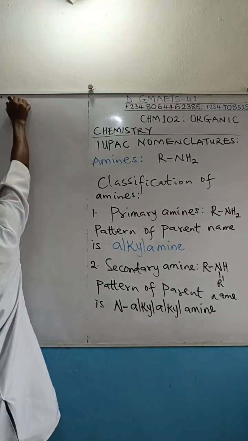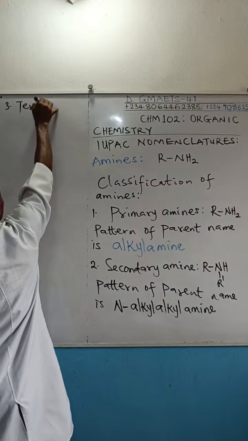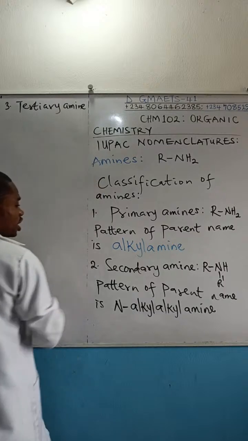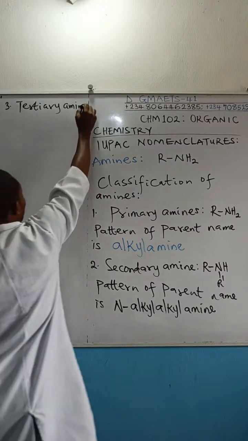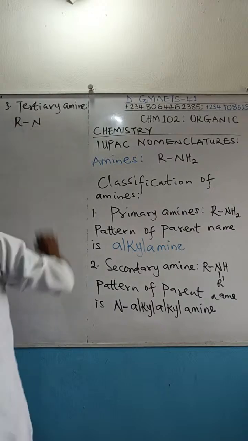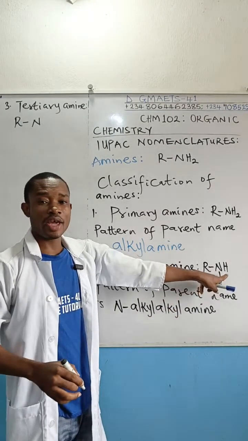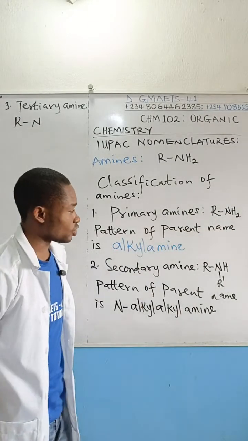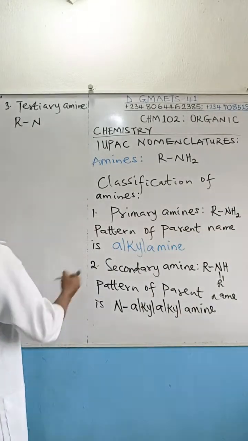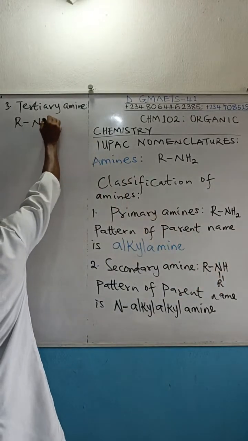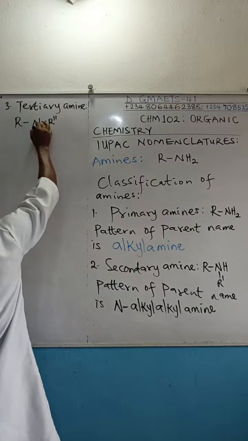All right, classification number 3 is tertiary amines. Tertiary amine, right? The functional group of that guy is this. Now notice, in secondary amine, one hydrogen from the primary has been replaced with an alkyl group. Now in this case, the remaining hydrogen will be replaced with another alkyl group.